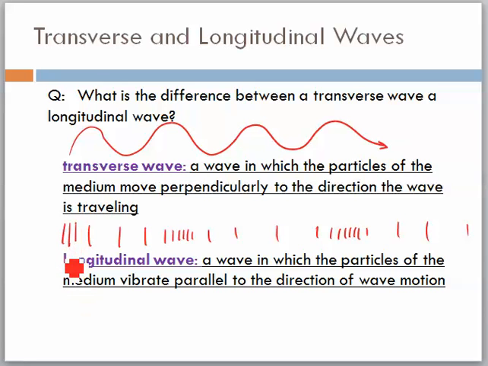Then the waves get farther apart and they become compressed again, spread out, compressed again, and spread out again. And this is what we call a longitudinal wave. I'm going to give you a hint. The transverse waves we're going to be talking about in great detail pretty soon, over the next couple days.